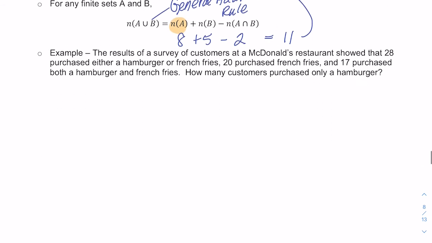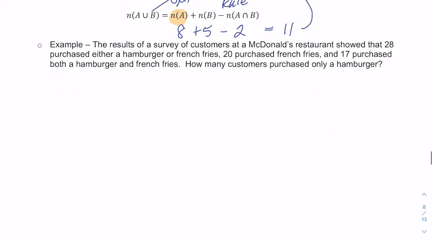So how can we use this rule? The results of a survey of customers in a McDonald's restaurant showed that 28 purchased either a hamburger or French fries, 20 purchased French fries, and 17 purchased both a hamburger and French fries. How many customers purchased only a hamburger?